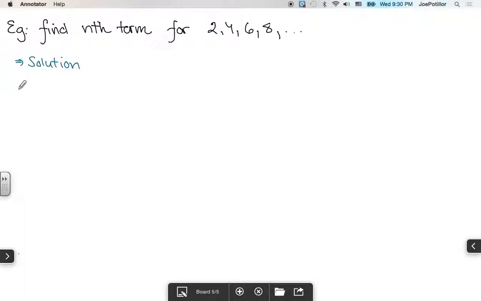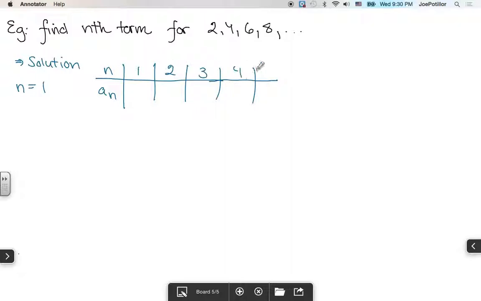In this situation we have n, and then a of n. You can draw out this little table like this: 1, 2, 3, 4, and 2, 4, 6, 8.